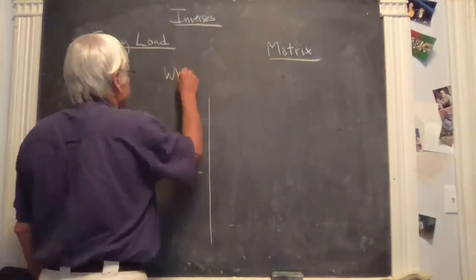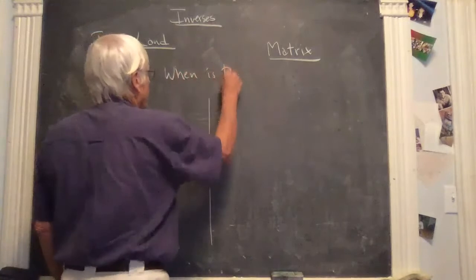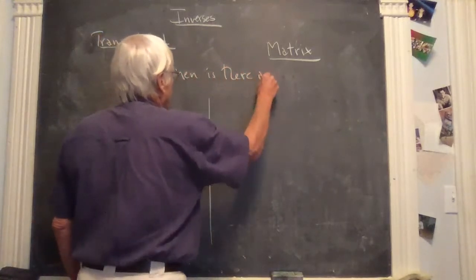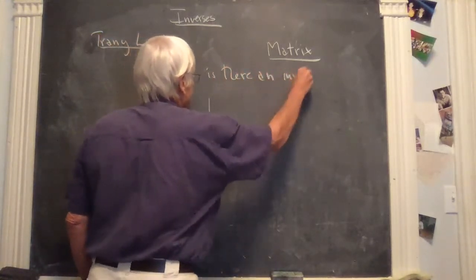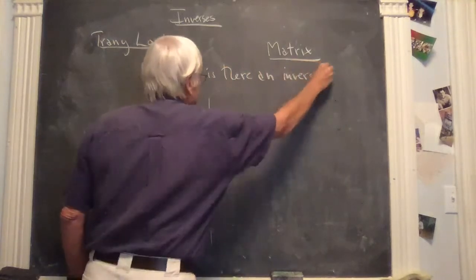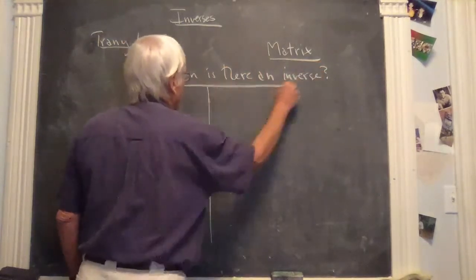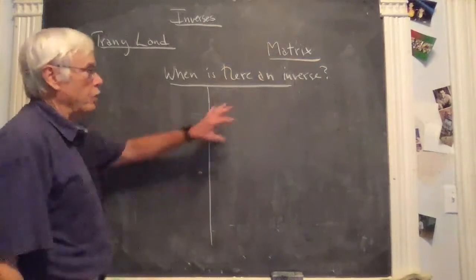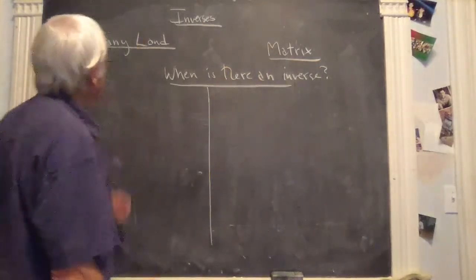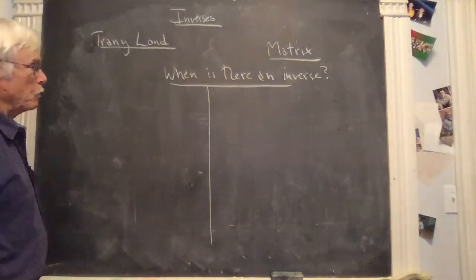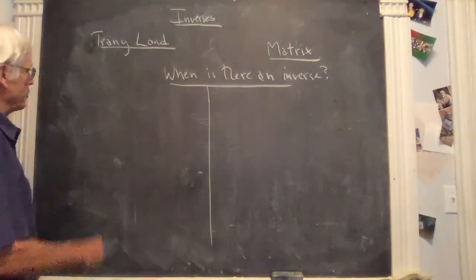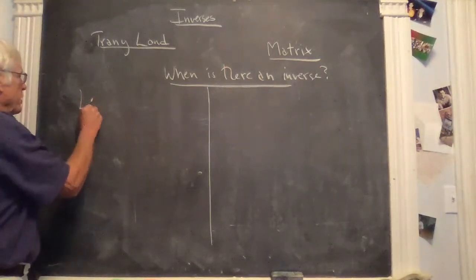When is there an inverse? So in matrix land, when does a matrix have an inverse? In transformation land, when does a transformation have an inverse? Let's begin here.